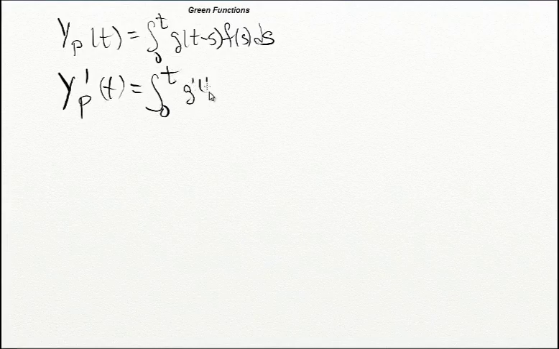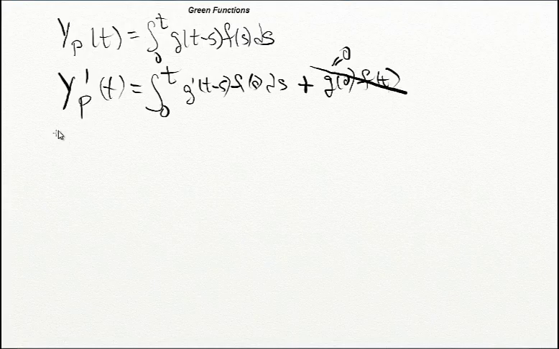So that gives us g prime of t minus s, f of s ds, plus the term obtained by evaluating at t and s equal t as well. So if we put s equal t, we get g of 0 f of t. But recall g was selected to be a solution of the homogeneous equation in which g of 0 is 0. So this term drops out.